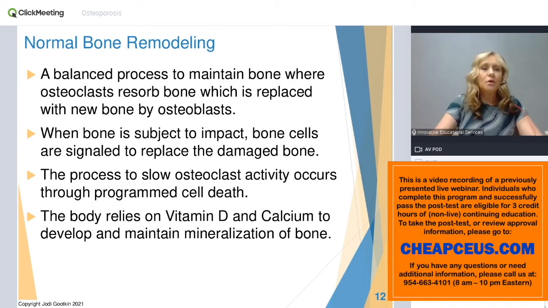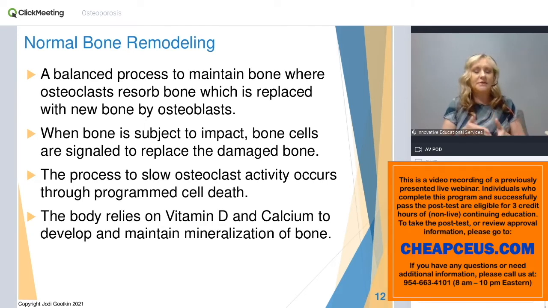As we look at normal bone remodeling over the course of our life, bone is constantly broken down and built back up to maintain a healthy, sturdy structure, and it's going to repair its own microdamage that occurs from the forces placed upon it with different activities.